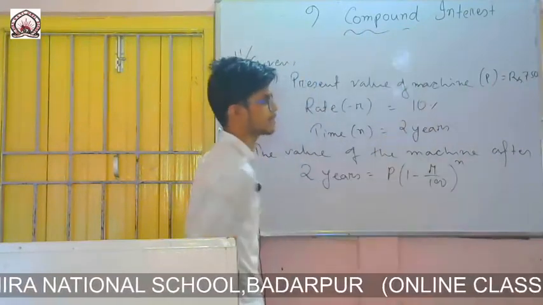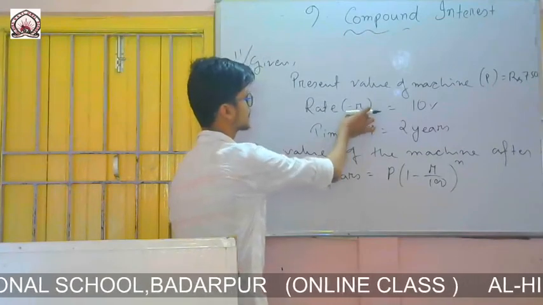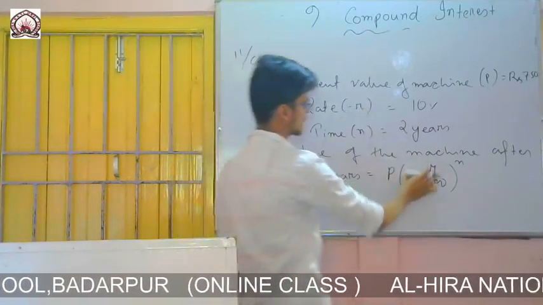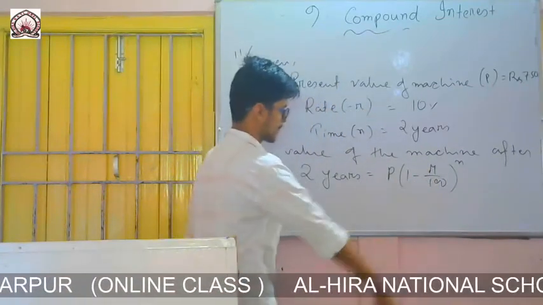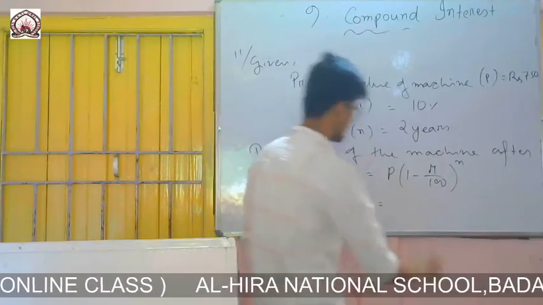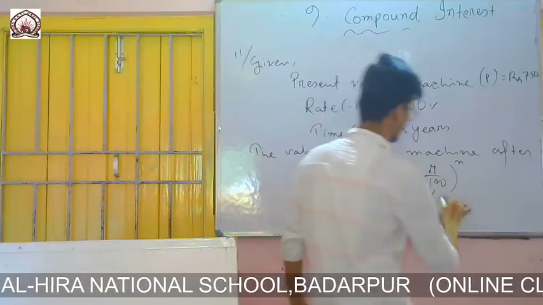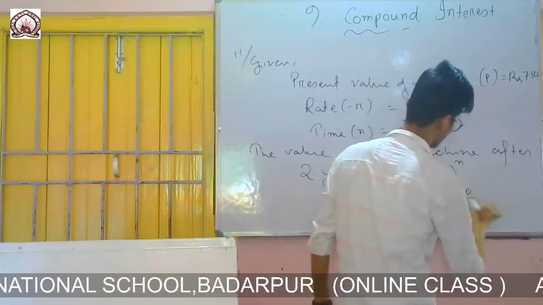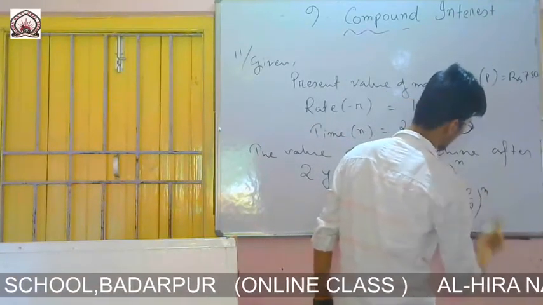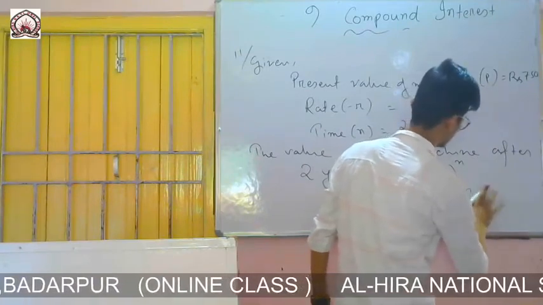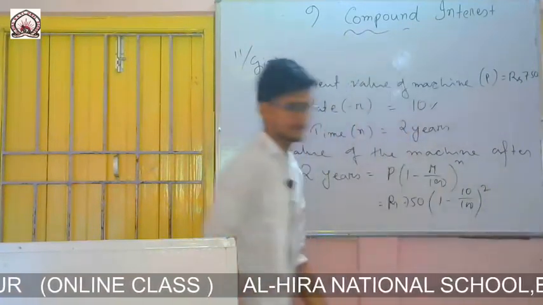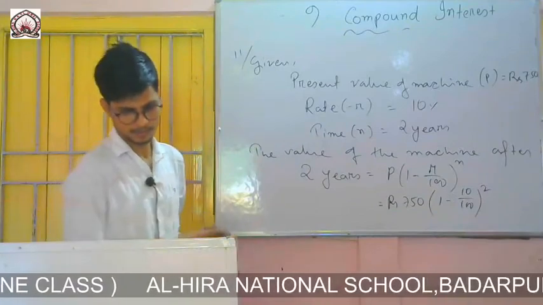In the next line we have to correct it, but directly I am giving minus R here, so I can change it in the formula. Okay. So principal is rupees 750, 1 minus rate 10%, 10 by 100, to the power 2 years. 10 by 100 square.